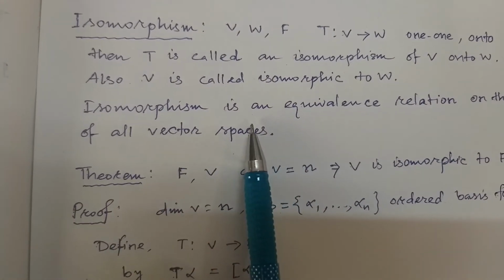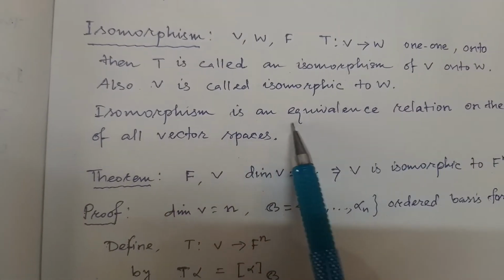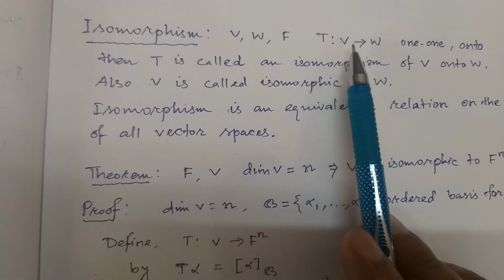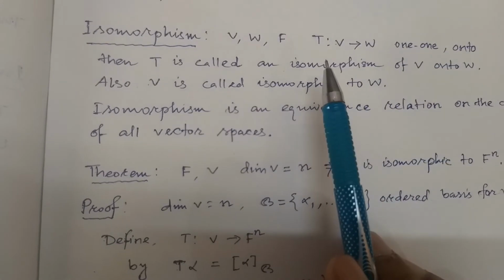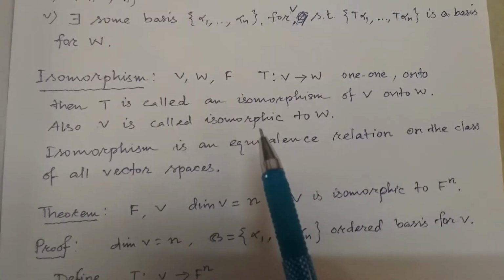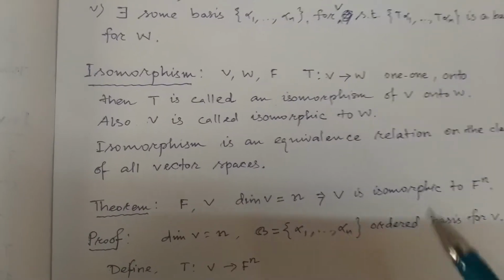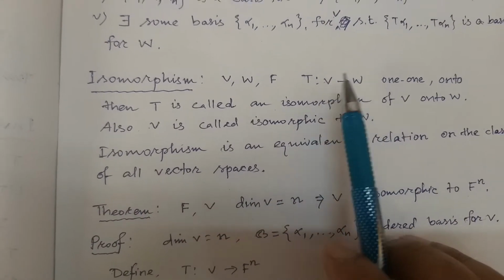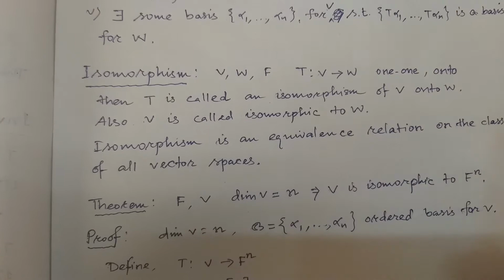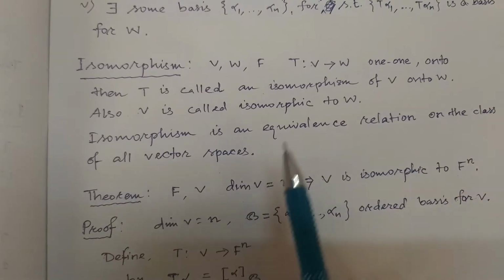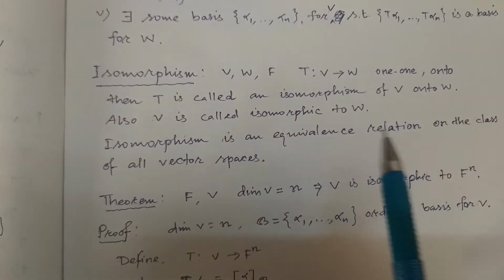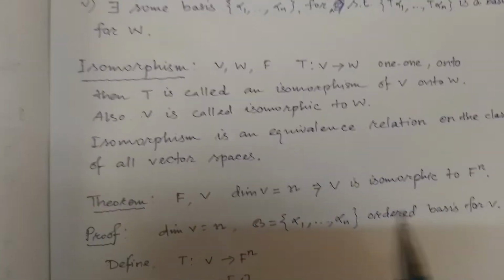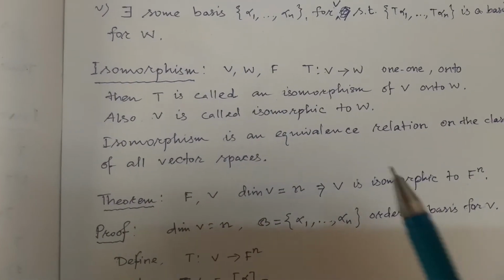What does it mean? Equivalence relation means any vector space V is isomorphic to V, by the identity transformation. Again, if V is isomorphic to W and W is isomorphic to Z, then V will be isomorphic to Z. Reflexive, symmetric and transitive.